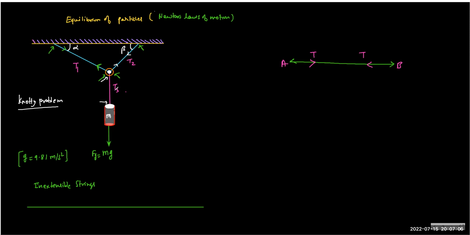For the third string, how will the tension pull this end? So downwards. Exactly. And the cylinder? Upwards. Exactly. So now you know how things are pulled. I hope the pull part is clear for everyone. Yes or no? Yes, sir.